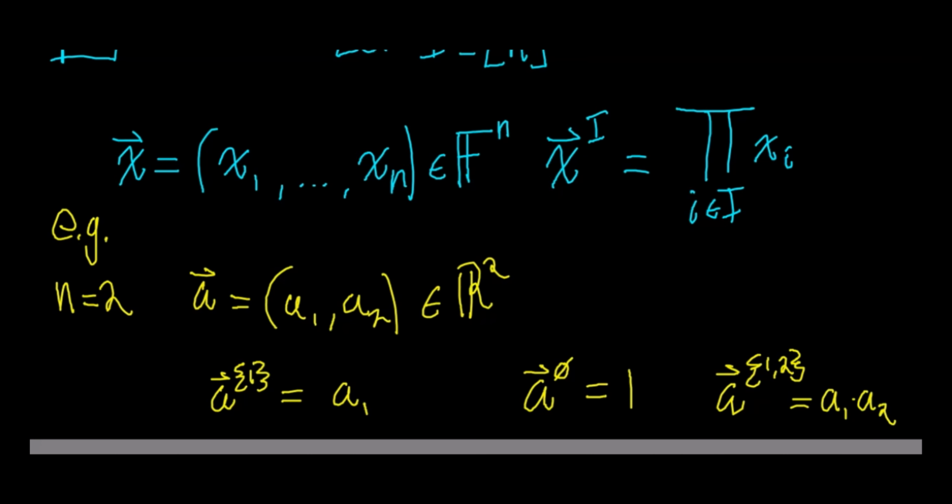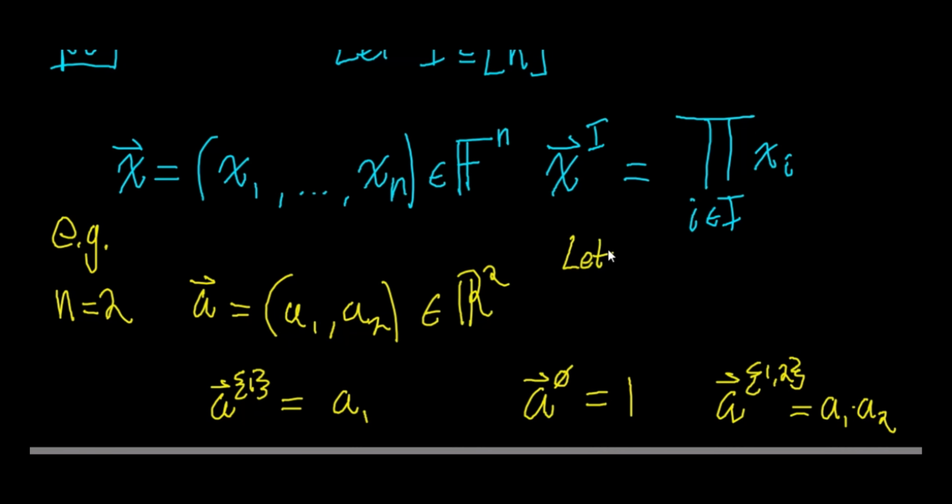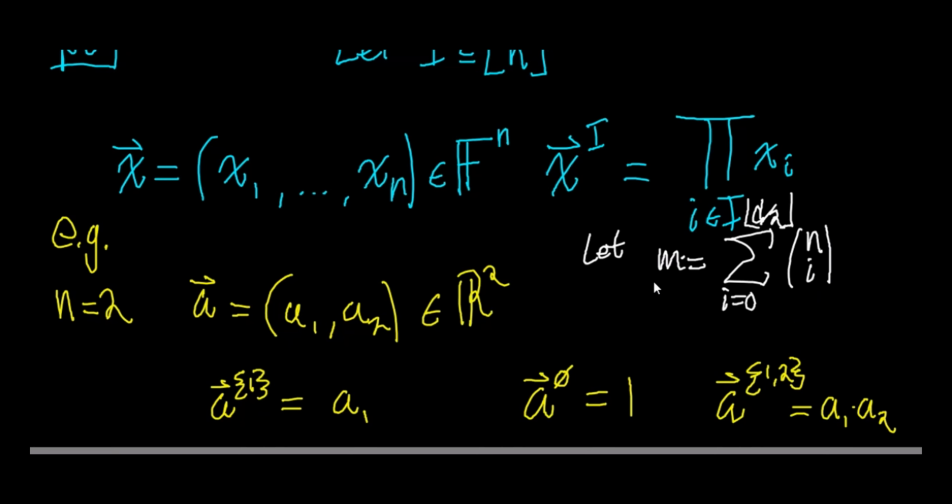And the last little bit of setup work that they do before they get into the main claims of the lemma is they let M equal the sum from i equals 0 to the floor of d over 2 of n choose i. Remember in our toy example, d is equal to 2.